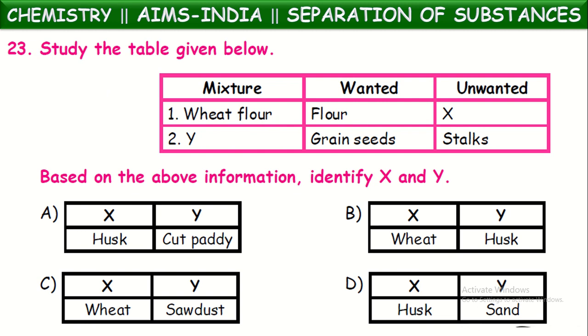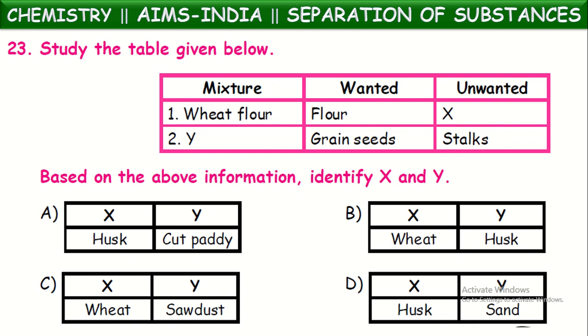Next one. Study the table given below. Two kinds of mixture they have mentioned. The wanted particles and unwanted particles from the mixture are also mentioned here. Wheat flour, if you take. From the wheat flour, we want flour. Then when you separate by using a sieve, we get certain husk from that wheat flour, isn't it?